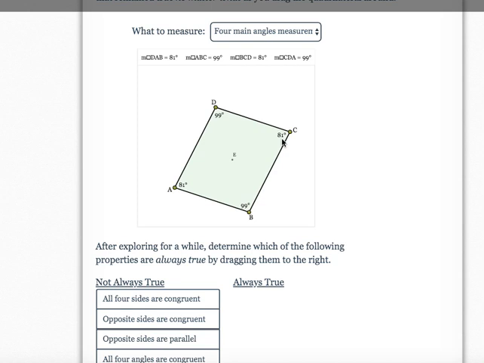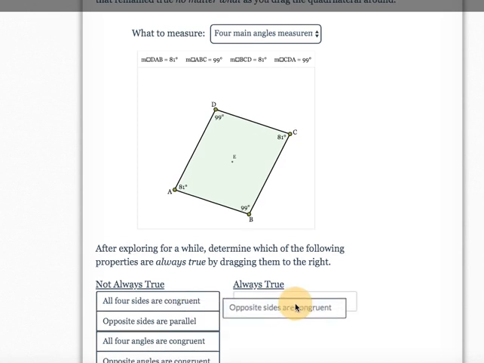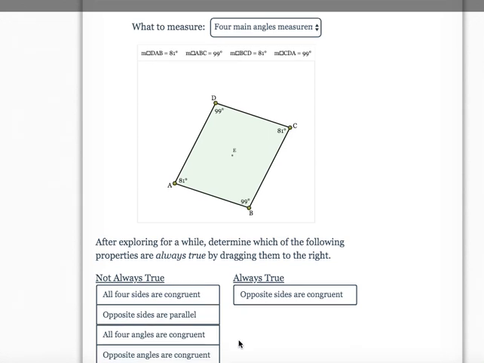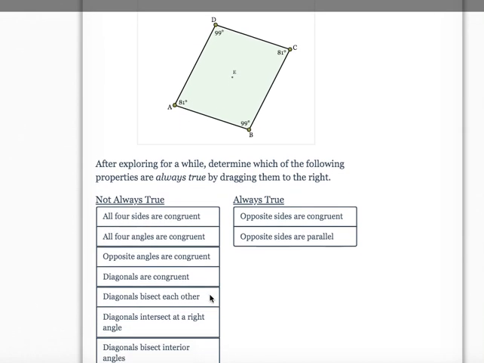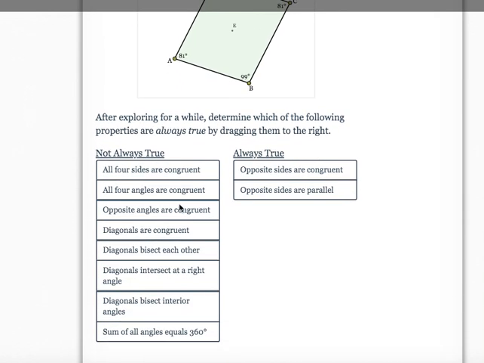They are supplementary, and so when angles inside of two lines are supplementary, that means that the two lines are parallel. And so what I'm going to do is I'm going to drag this here. Opposite sides are congruent. Opposite sides are parallel.